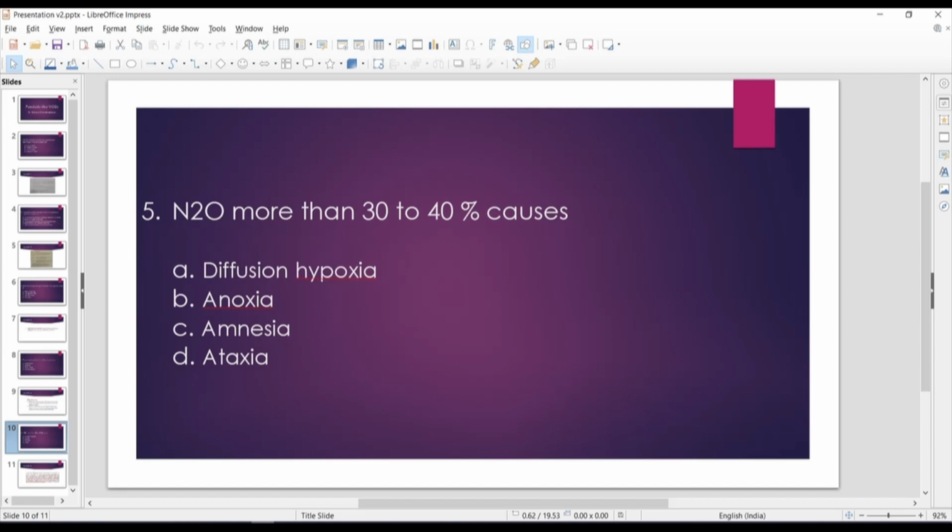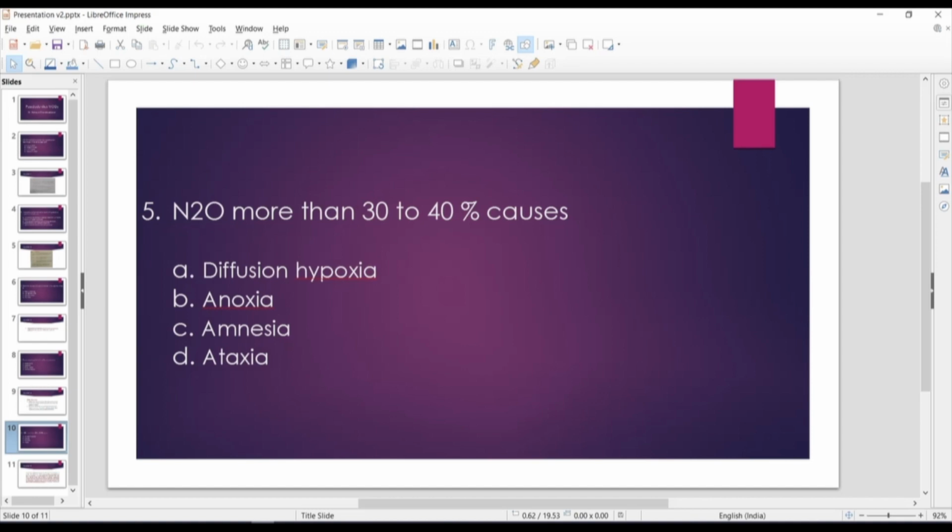So what is nitrous oxide? Why is it given? Nitrous oxide is slightly heavier than air, with a specific gravity of 1.53. It is a slightly sweet smelling, colorless, inert gas.